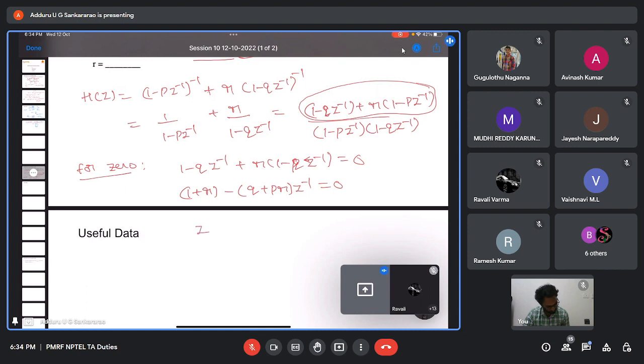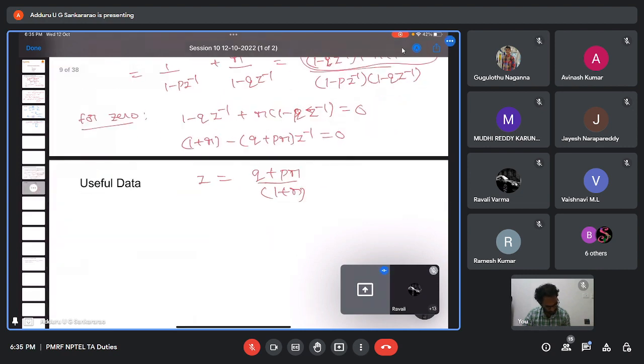So from here what we get, Z equal to Q plus PR by 1 plus R. Please correct me if I am wrong. Simplification, so 1 plus R. Okay, this is the zero of this.